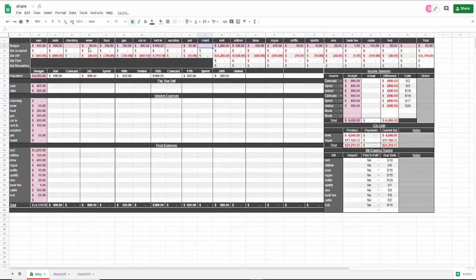Pet 50, maintenance 50. And 25 and 6. So you can do it like that, or you can do the whole $31 to your vacation. It's however you want to do it. So you can do 31 instead.